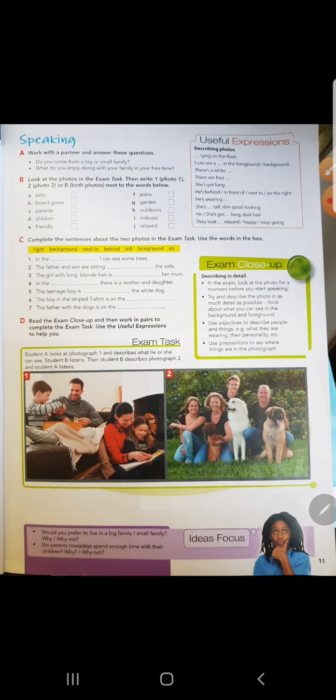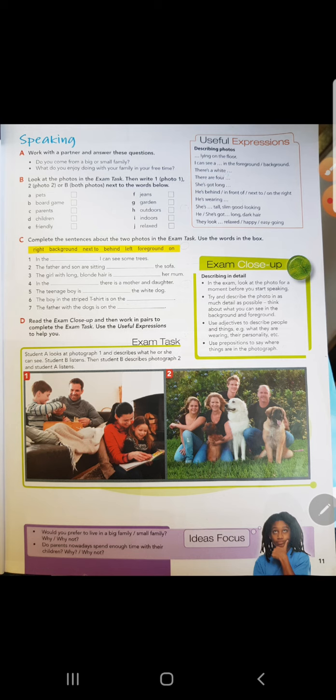So, as you see here in the book, we have useful expressions describing photos. Lying on the floor. This is describing position. Also, I can see a in the foreground, background. So this is introduction.